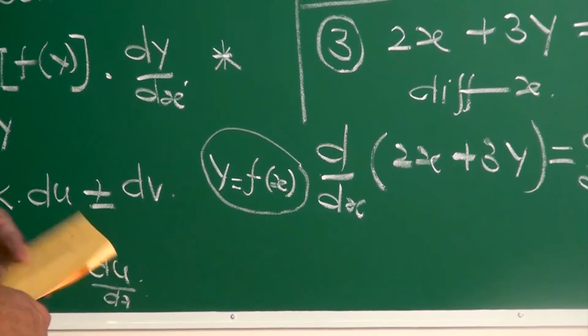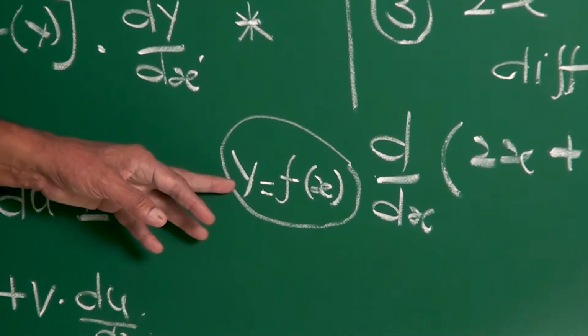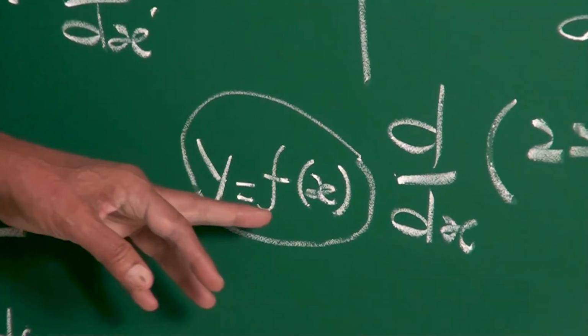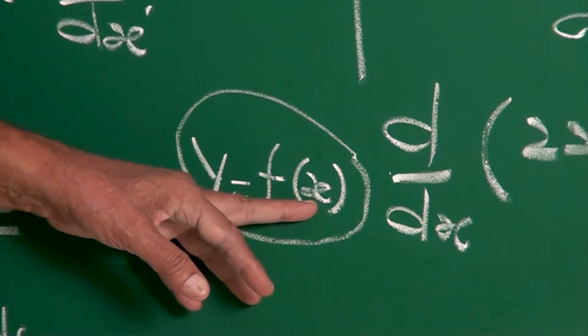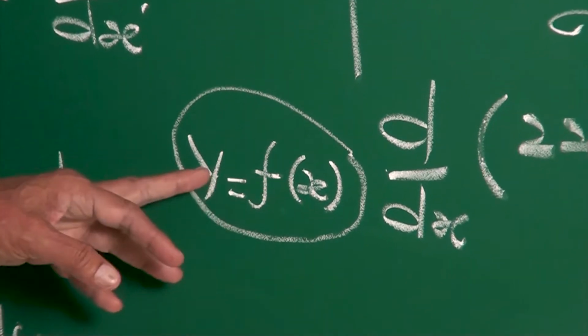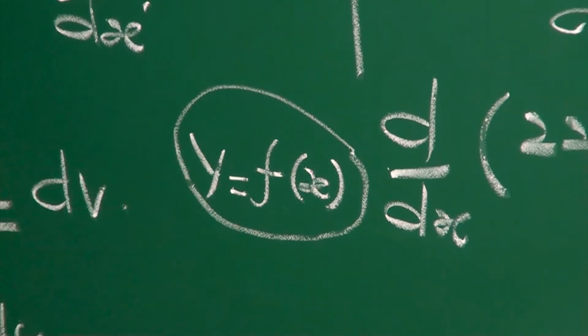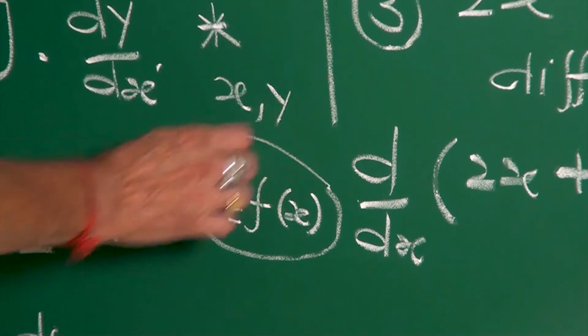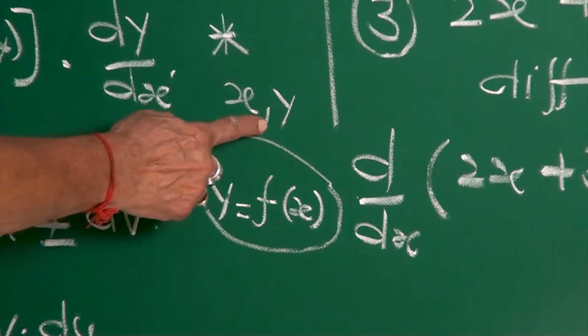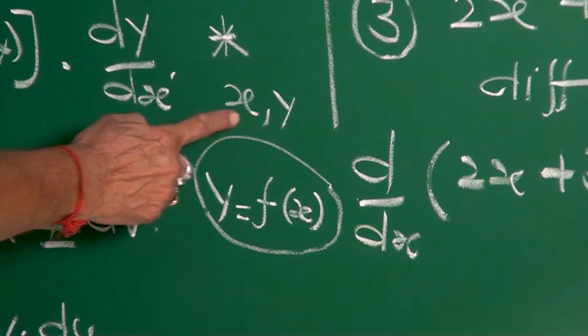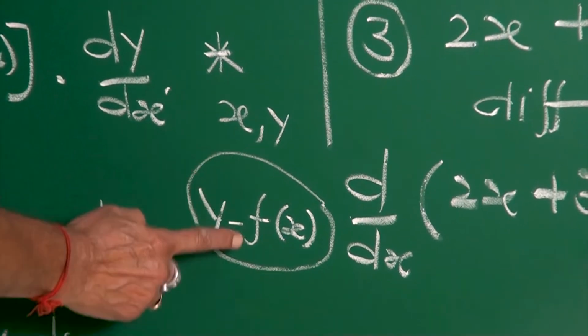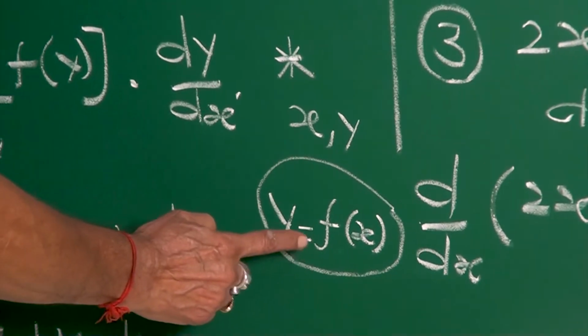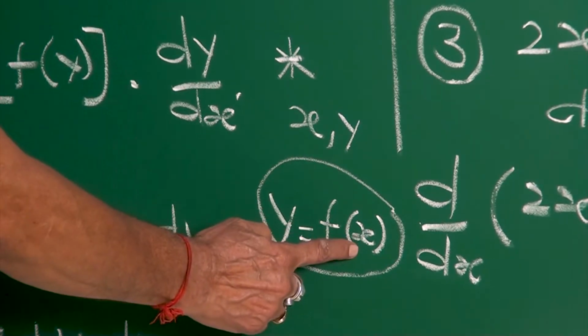Here y is the dependent variable, expressed purely in terms of the independent variable. There are 2 variables, x and y. In one case, y can be expressed purely in terms of x. If you write like this, y is called an explicit function of x.